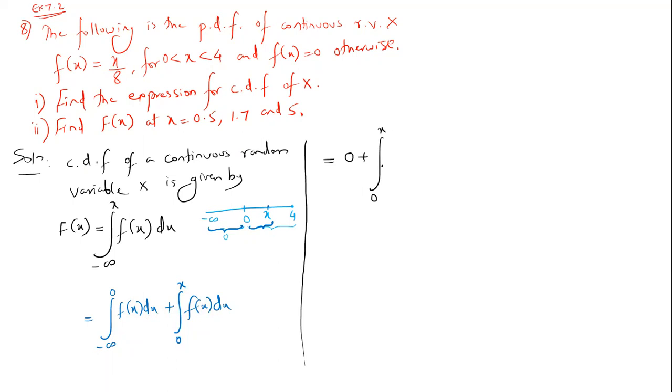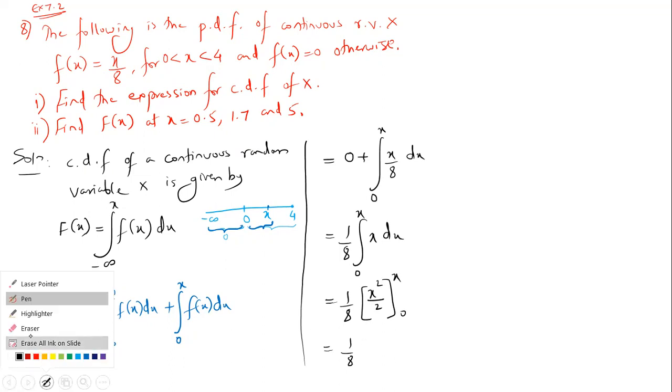The function given to you is x by 8 dx. 1 by 8 will come outside. Integration of x is x square by 2, from 0 to x. So it is 1 by 16.